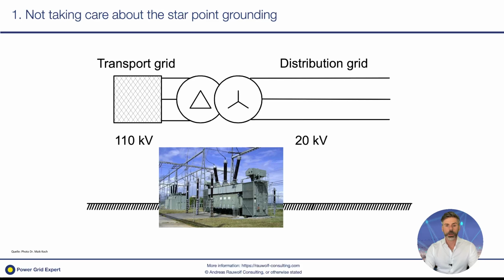Is it isolated? Is it compensated? Does it have a Peterson coil? Most probably not, because that's a specialty in Central Europe. But anyway, have a look at it, be sure about it, and if you are not sure, get a confirmation from the producer of the device that it suits your network.